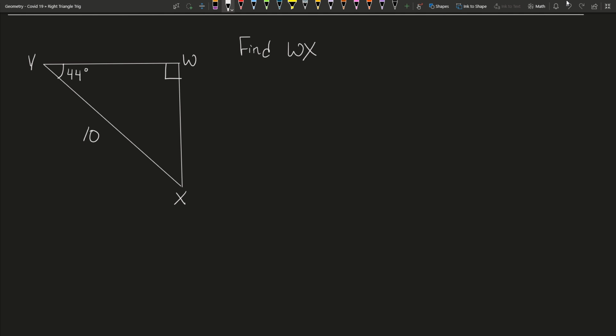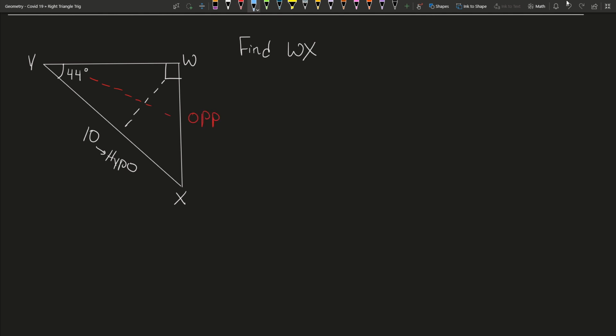All right, so again, the first thing we need to do is to define what sides we have and need. If we draw a line from our right angle to the other side of the triangle, that's our hypotenuse. If we draw a line from our angle to the other side of the triangle, that's our opposite.